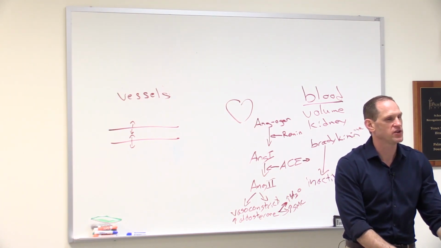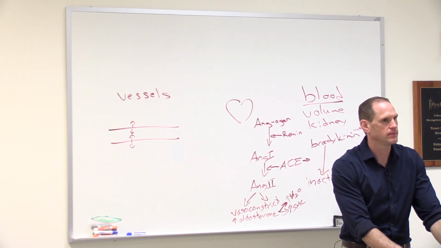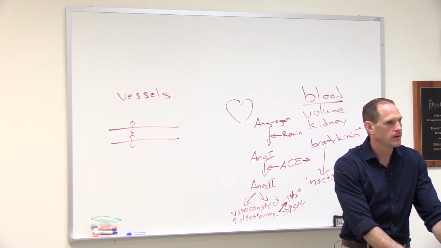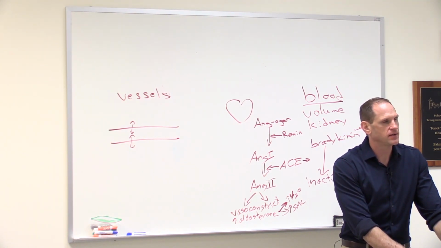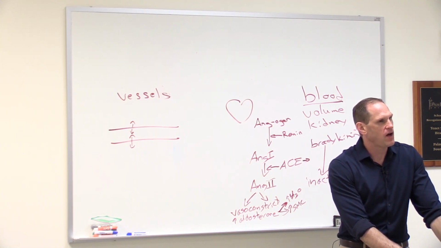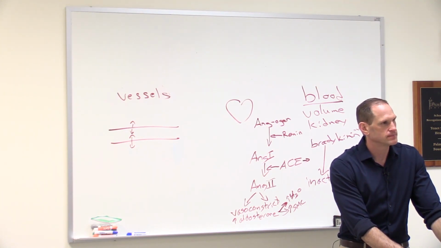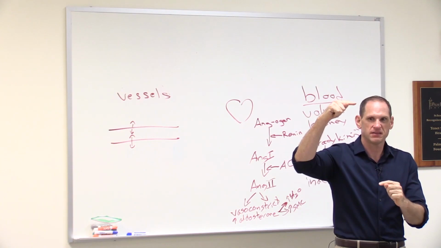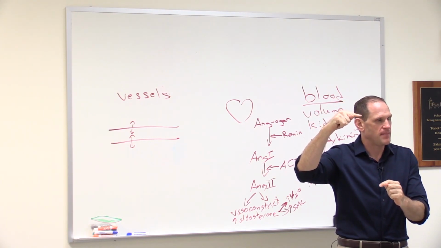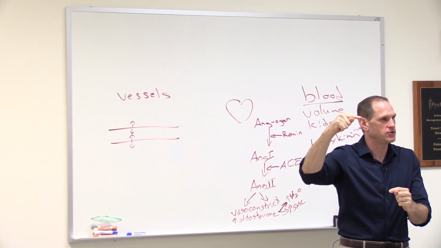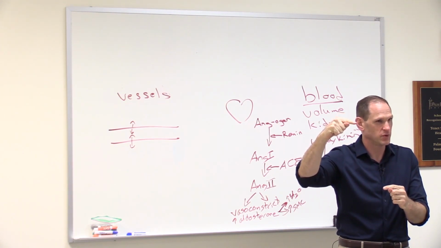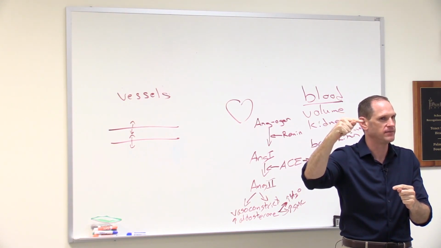So when we vasoconstrict, what happens to blood pressure? It goes up. The other thing is that how long is a snorkel? So imagine if you had an 8-foot tube that you were trying to snorkel through. Would it be easier or harder to breathe through that?